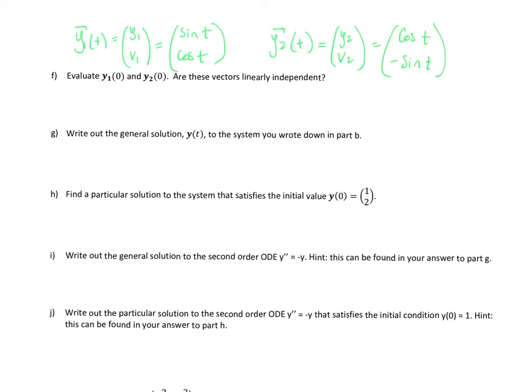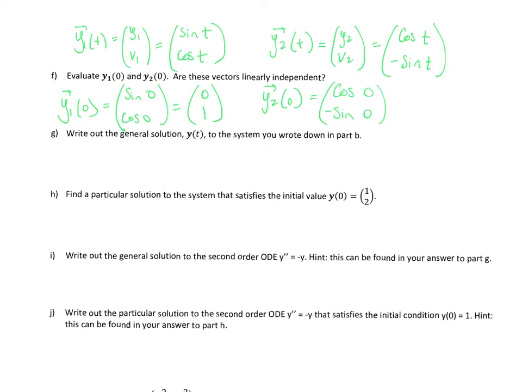So I'm plugging 0 in for t into the vector valued functions y1 and y2. So y1 of 0, that would be sine 0, cosine 0, which is 0, 1. And then y2 of 0, that's cosine 0, negative sine 0, which is 1, 0.